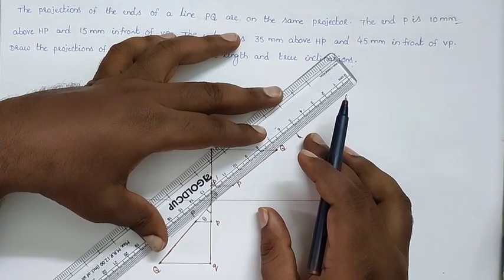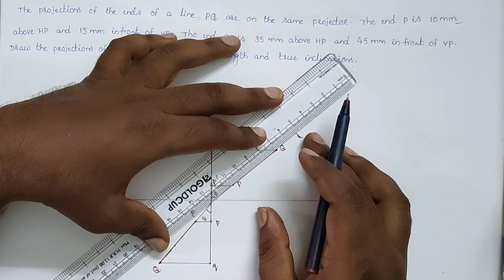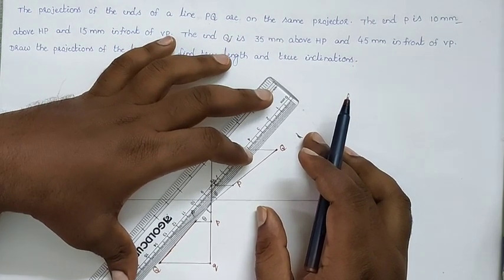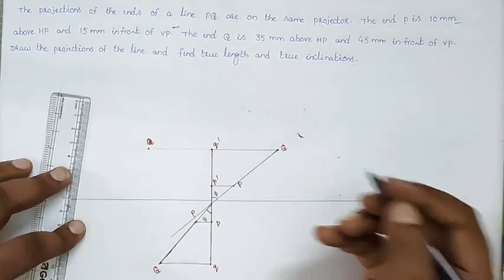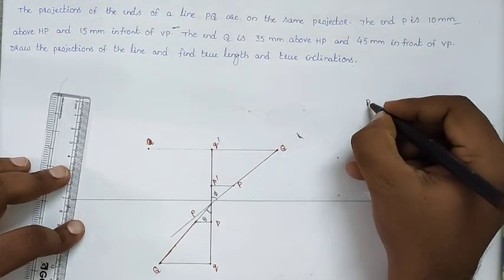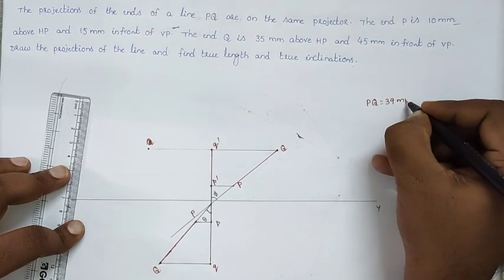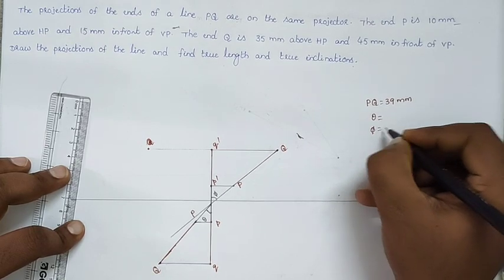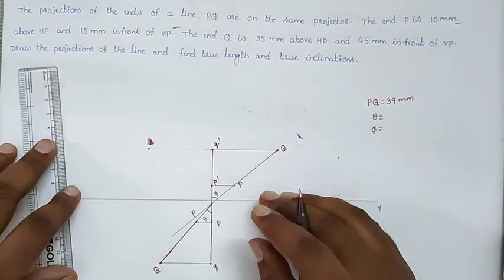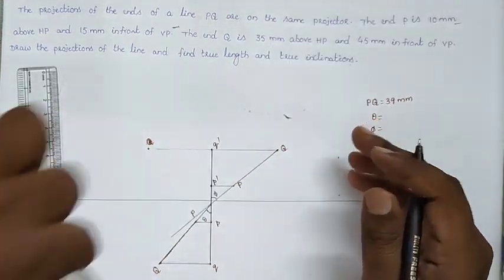So the true length of the line, we will get 40 mm or 39 mm. I will get the PQ length as 39 mm, and the angle with respect to HP is theta, and also phi. So you can measure any one angle, and for the opposite angle you can get 90 minus theta, and will get the value.